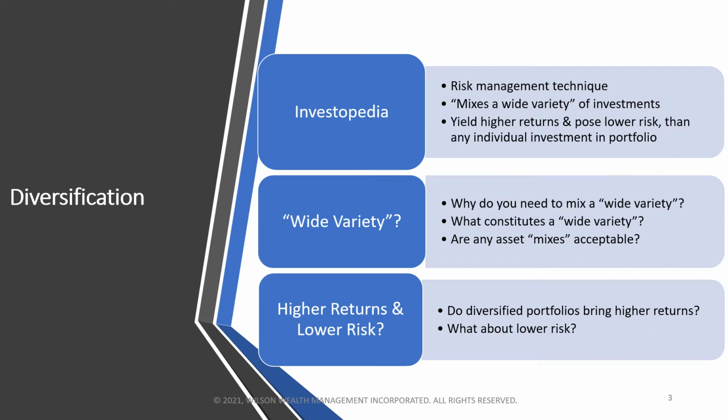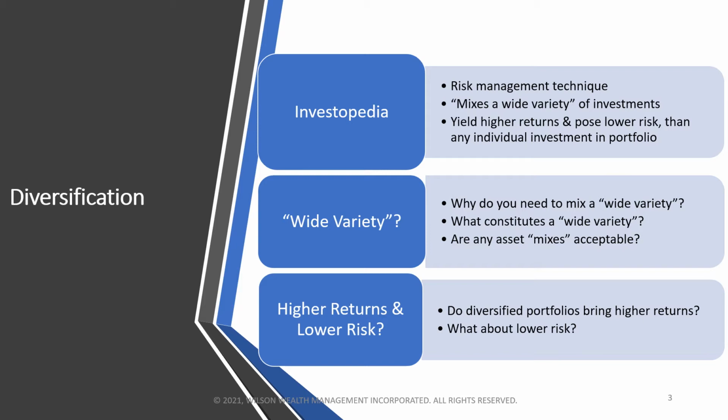And then I'd add on to that their statement on higher returns, lower risk. Do diversified portfolios actually bring higher returns? And do they lower the risk? No and yes, let's put it that way.